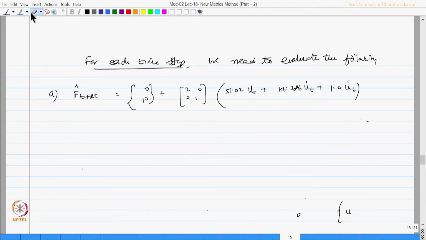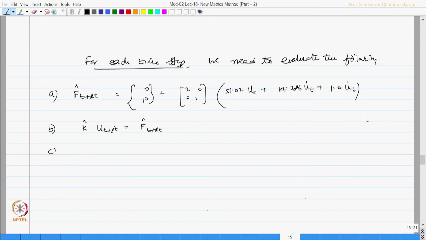Okay. Then we need to find k hat u at t plus delta t is equal to f hat at t plus delta t.